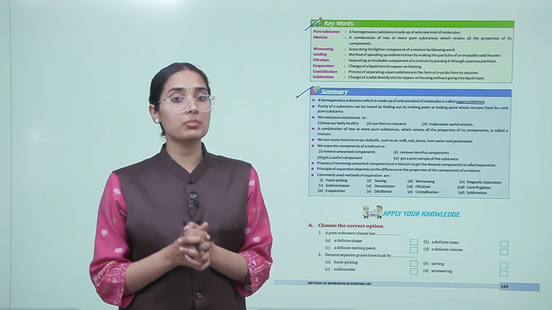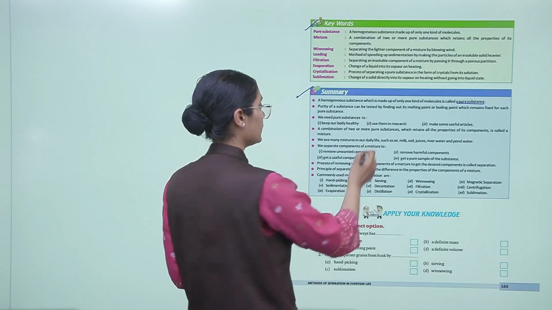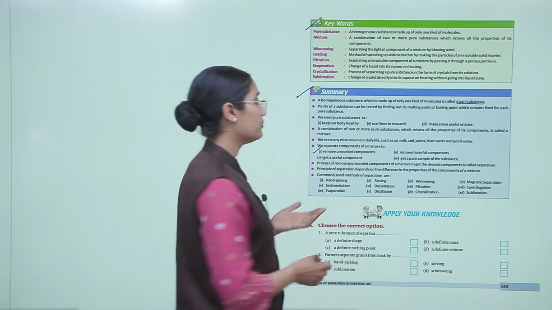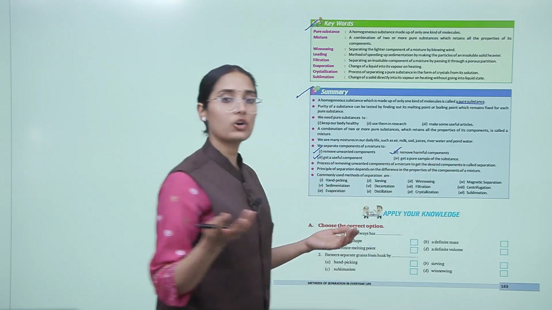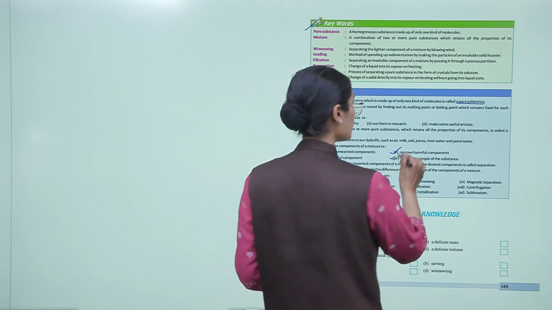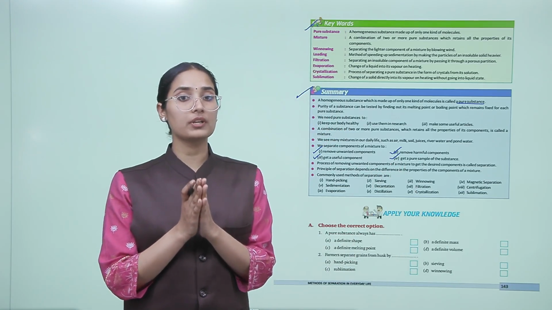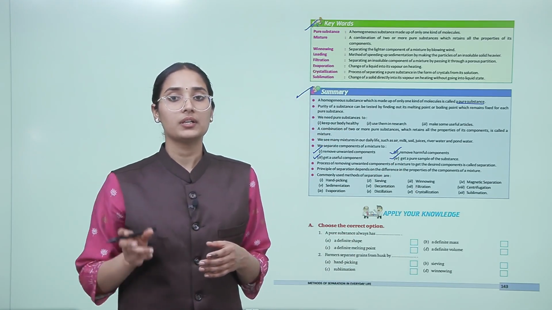We separate components of a mixture through a variety of methods, right? We remove unwanted components, remove harmful components, get a useful component out of it and get a pure sample of the substance. The process of removing unwanted components of a mixture to get the desired component is called separation.